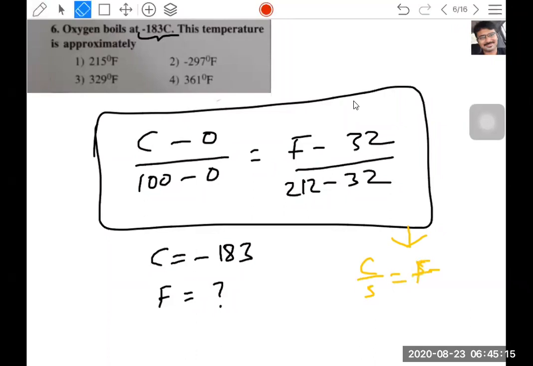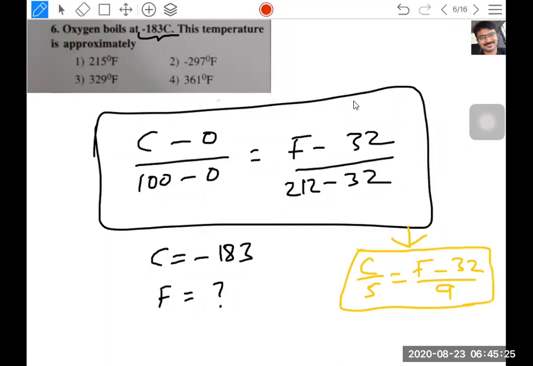Always remember, whenever C and F are given, don't take all this data. Simply write it like this. It is better to remember this one. In the denominator we have 100 here, and here 212 minus 32 means 180, so 5 and 9. Why give time to calculate again by writing the first formula?